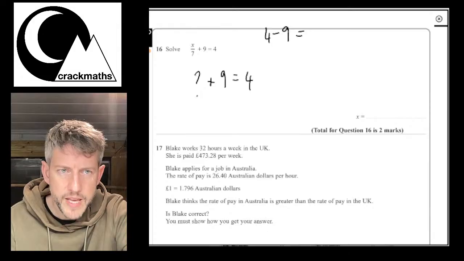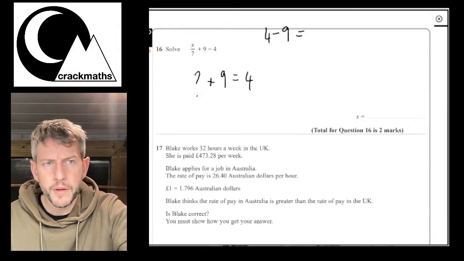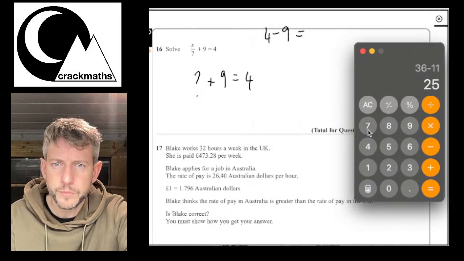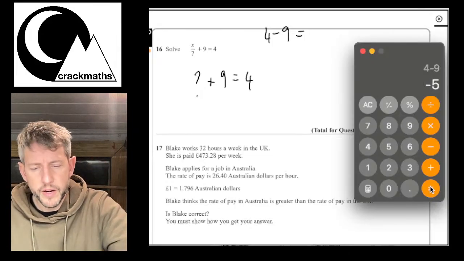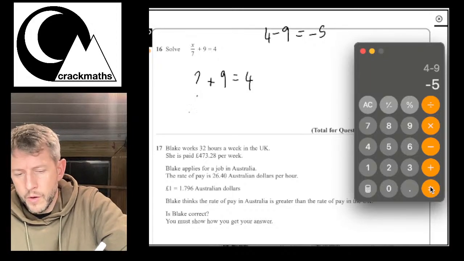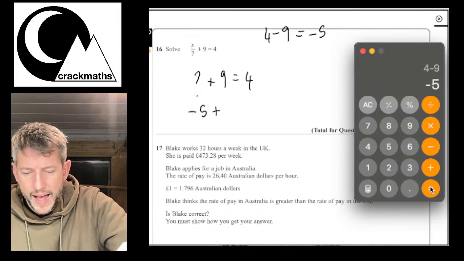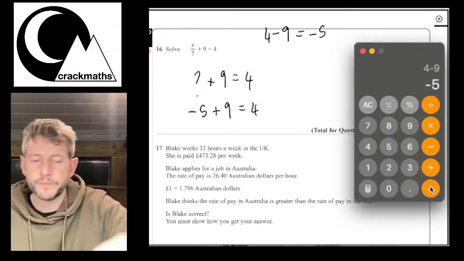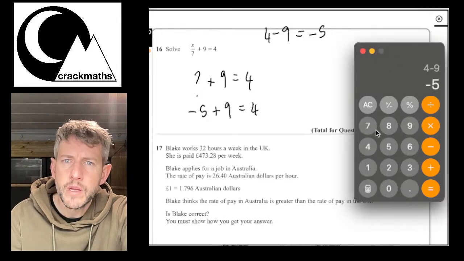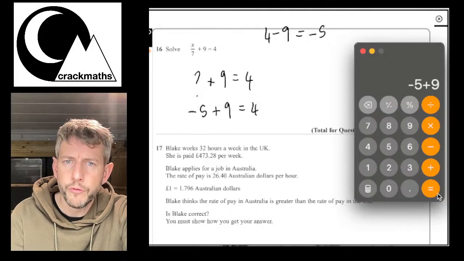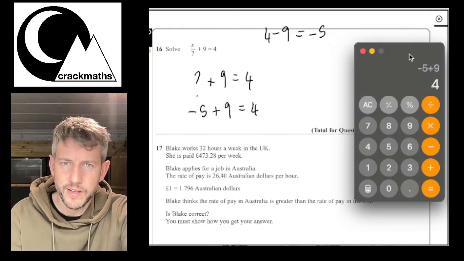So we'll do 4 take away 9. I'm going to do that on my calculator. 4 take away 9 equals minus 5. So minus 5 add 9 equals 4. Let's double check that. Does minus 5 add 9 equal 4? Yes, it does.